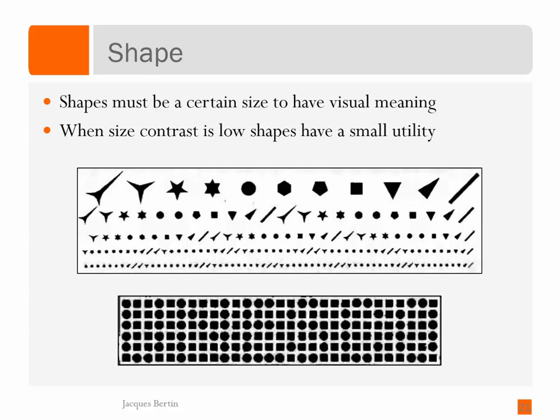So if you'll take a look at the image in the center of the screen. First I want you to look at the very last row of shape images. So we're looking at that.